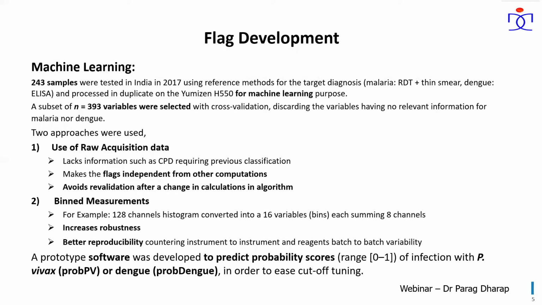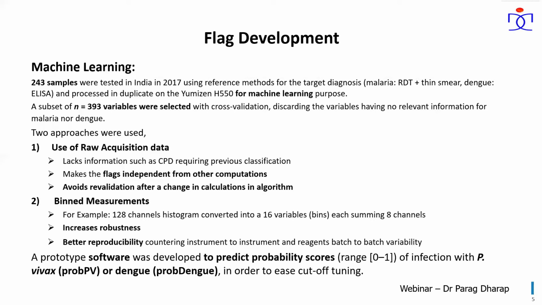For malaria, it was thin peripheral blood smear examination along with auxiliary testing of rapid antigen, for Vivax as well as for falciparum. For dengue, NS1 antigen testing by ELISA method was used. All the samples were processed in duplicate on Yumizen H550 for machine learning purpose.